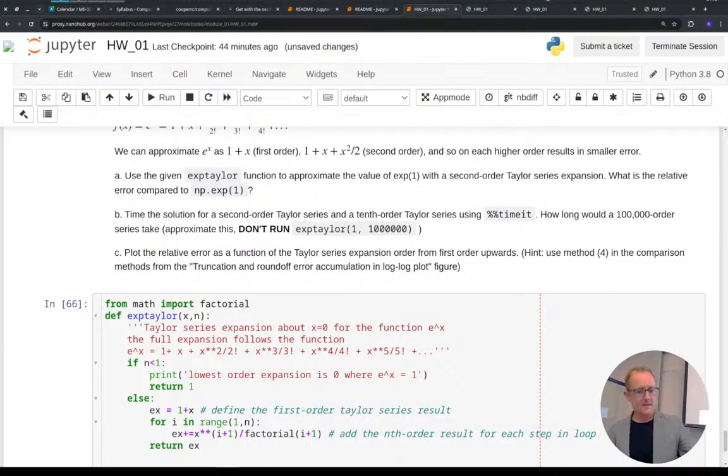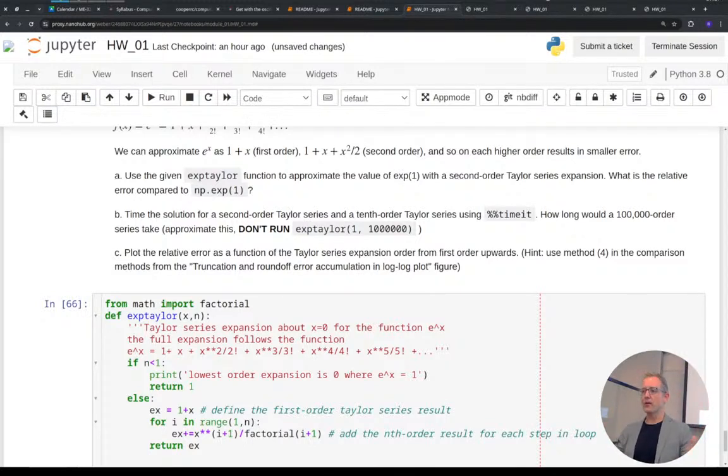So with this exp Taylor function, this kind of long function, it's manually creating truncation error in that e to the x function. If I just ask for n of 0, then it's just going to give me 1, no matter what x is, because it's just creating a 0th order polynomial, which is always equal to 1. And then I can keep adding terms to that, and it should get more and more accurate.